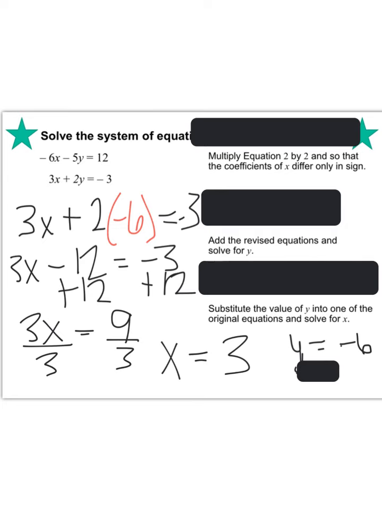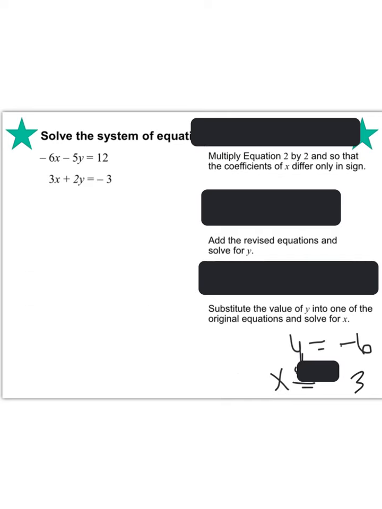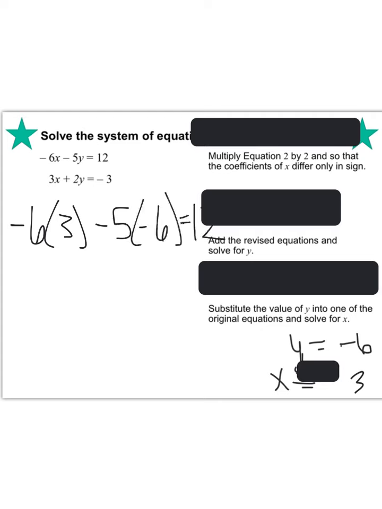Again, it's important to check our solution to see if it's right. So I'm going to check by plugging in my x and my y into the original equation. This time I'm going to use my first equation, so negative 6 times x, which we said was 3, minus 5 times y, which we said was negative 6, and we'll see if that equals 12.